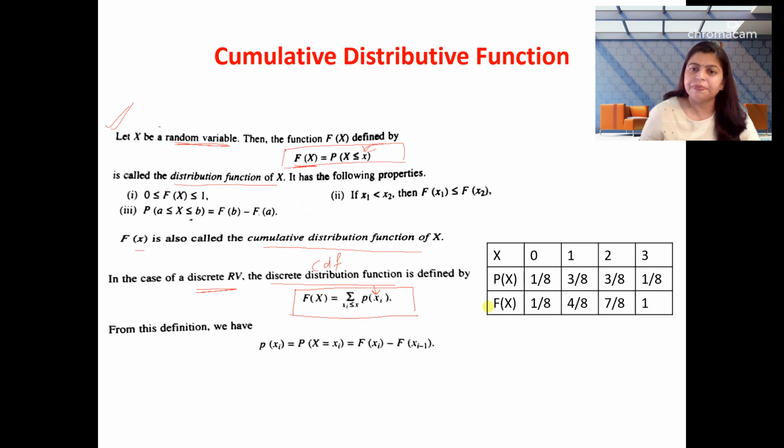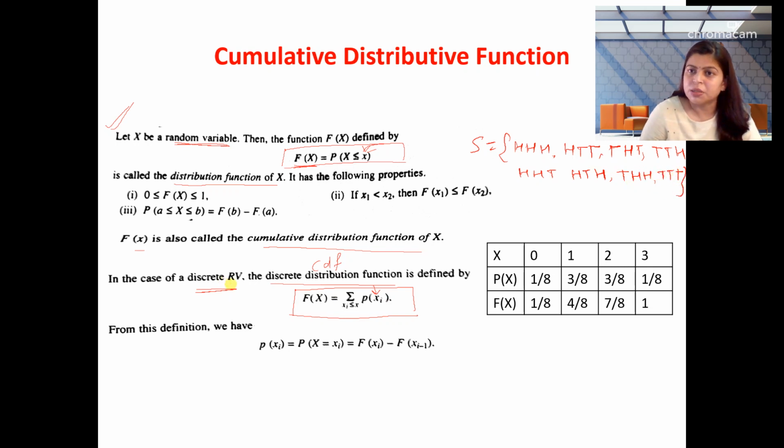If you remember, I gave you an example when we toss 3 coins together. What would be our sample space? The sample space would be HHH, HHT, HTH, THH, HTT, THT, TTH, and TTT.